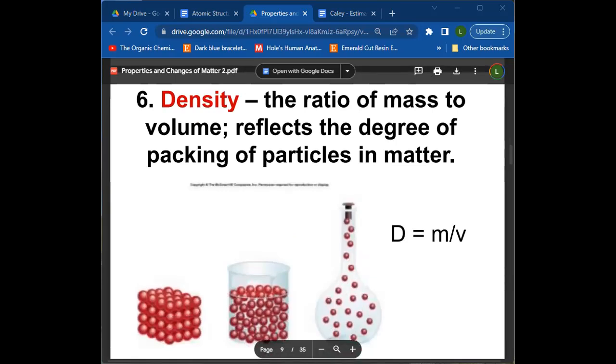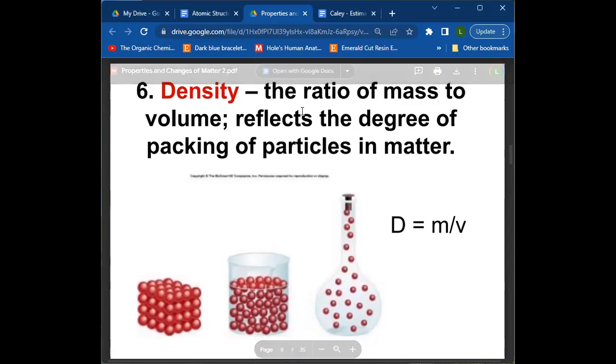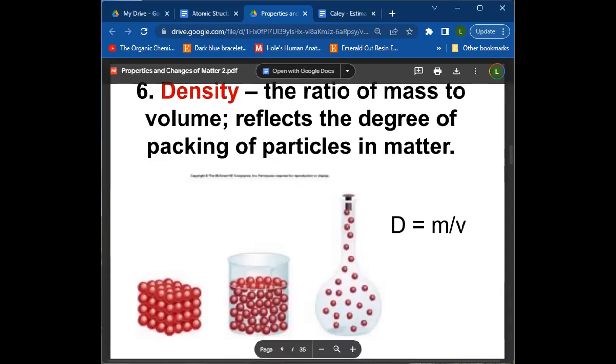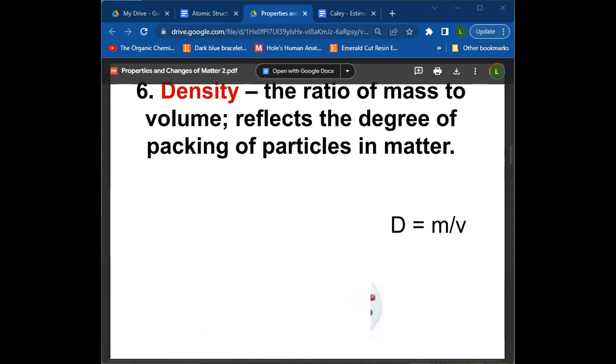And then density is another physical property. So density is supposed to be the ratio of mass to volume, and it reflects the degree of packing of particles in a material.